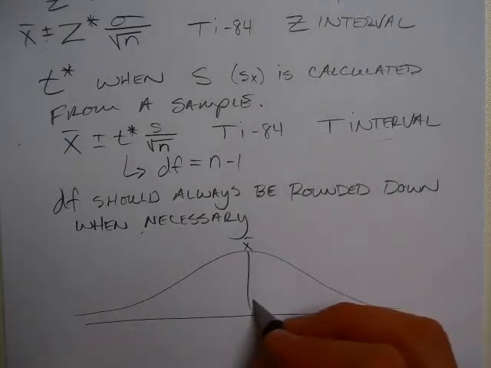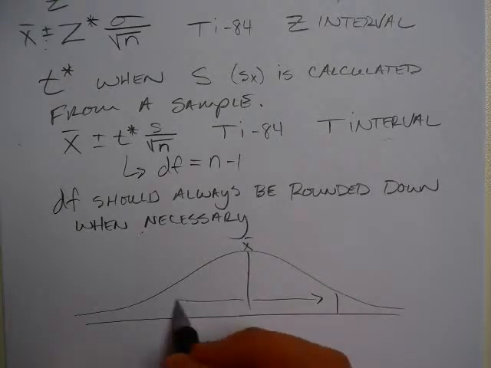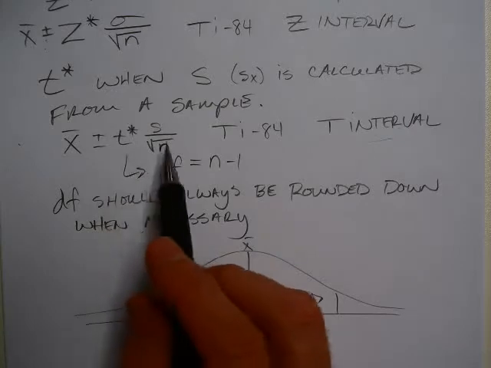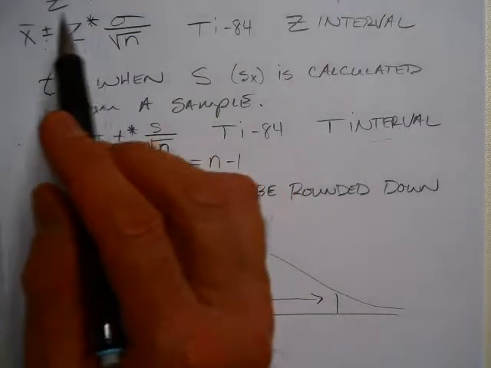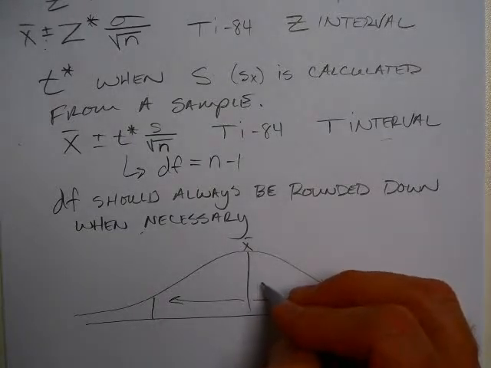The margin of error, whatever you choose for your margin to be, your common ones are 90, 95, and 99, is this part of the formula.